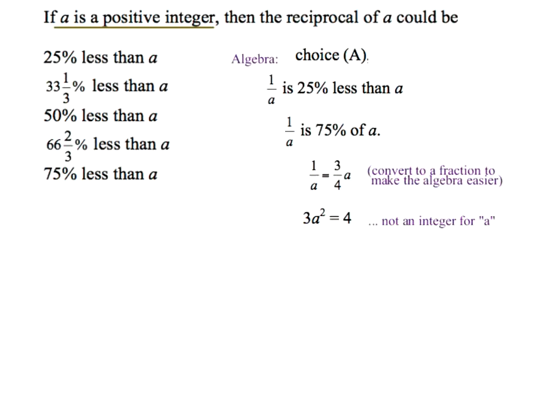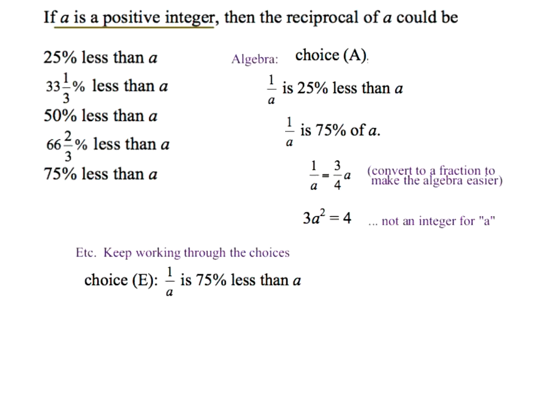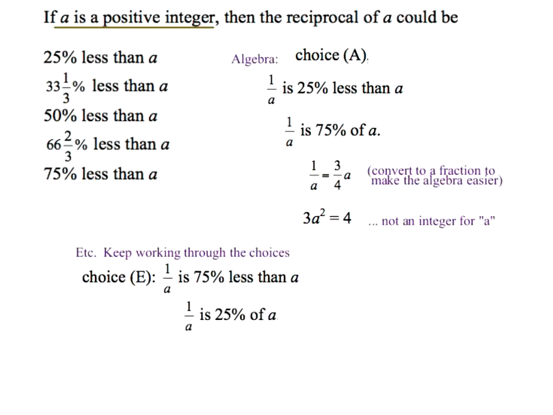So, et cetera, keep working through the choices. Eventually you'll get to choice E. Choice E states that 1 over A is 75% less than A, which means that 1 over A is 25% of A. So once you get there, again, 75% less than is 25% of.